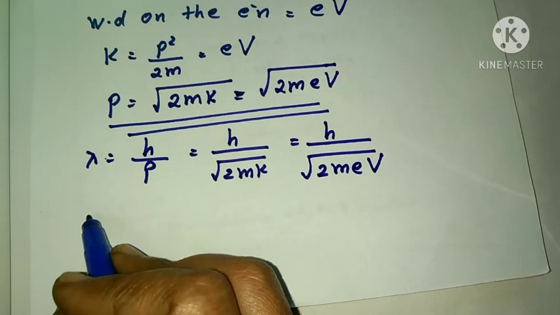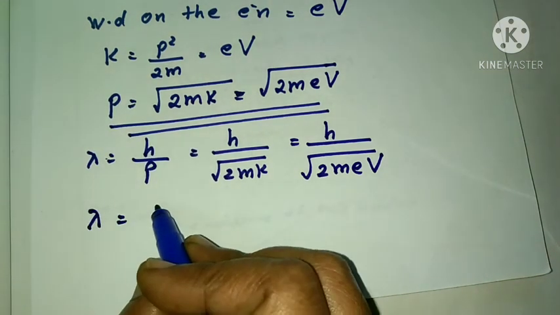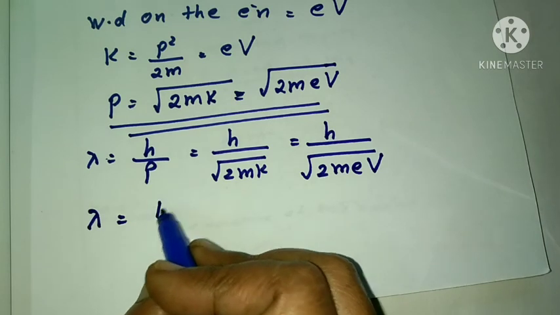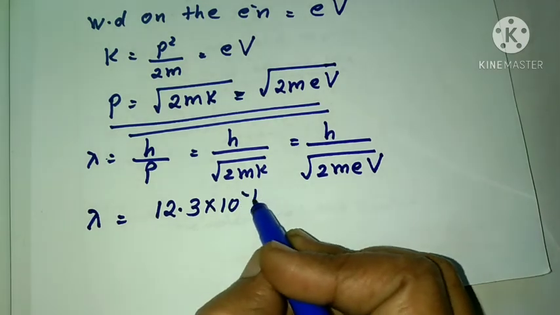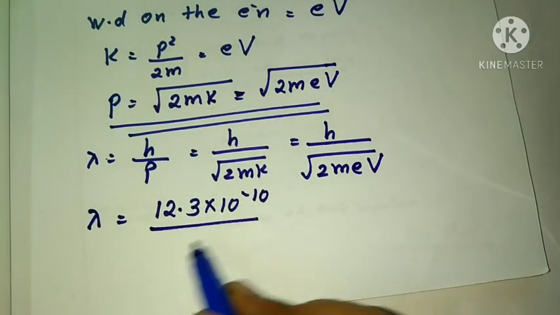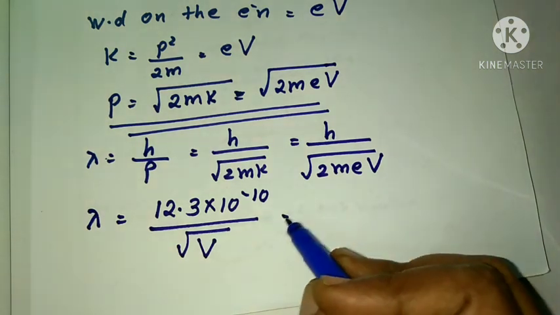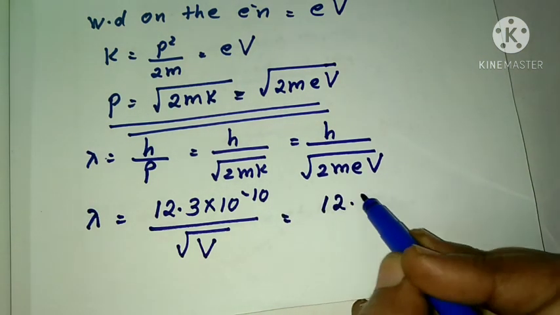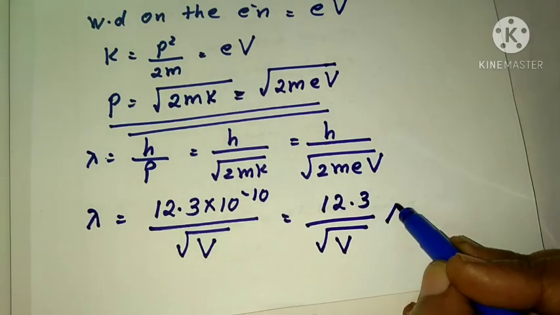So you will get the answer by substituting the constant values: lambda equal to 12.3 into 10 raised to minus 10 divided by root V. Clear? That is equal to 12.3 divided by root V angstrom.